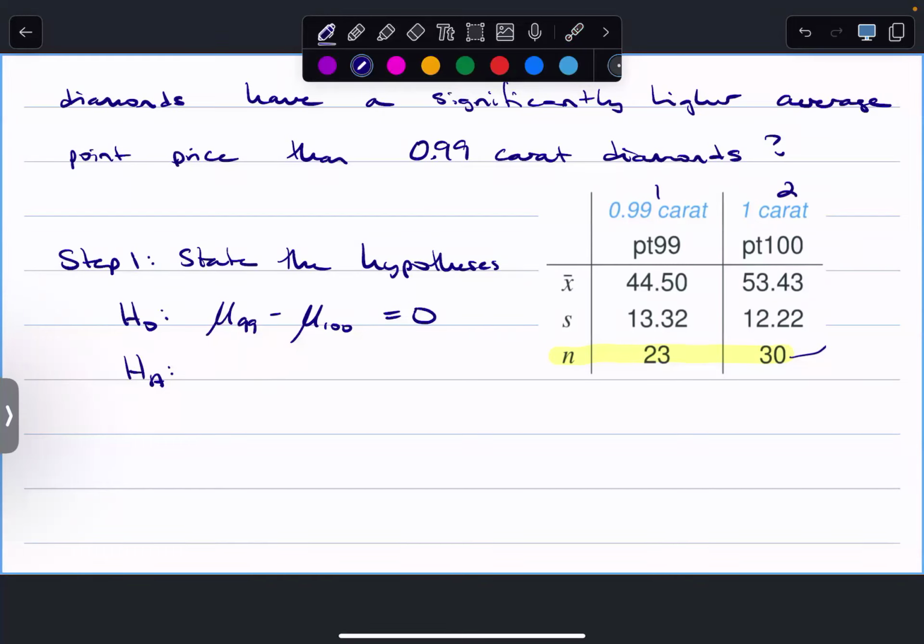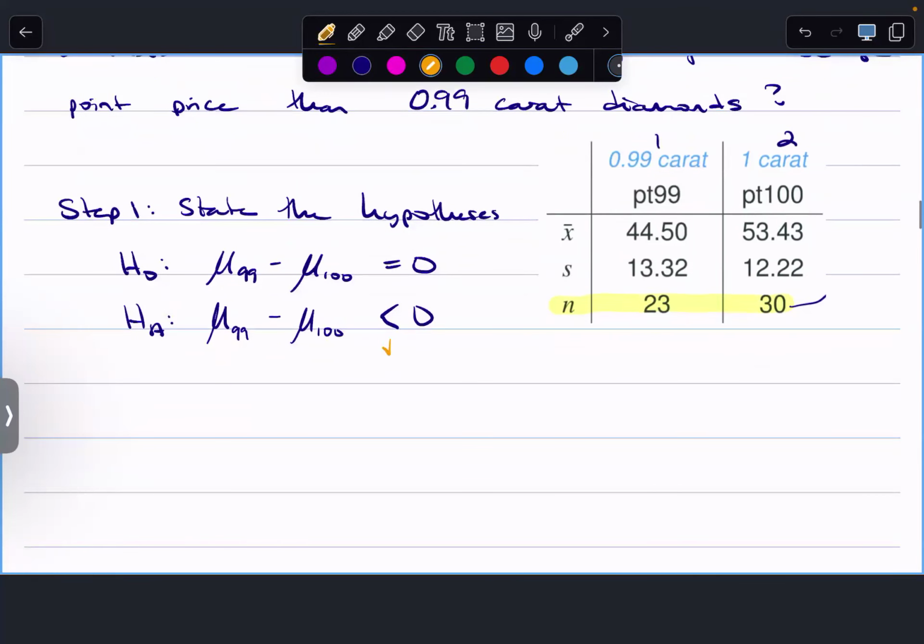And so my alternative is going to be mu99 minus mu100 is less than 0. We know from earlier that if I'm only concerned with that one extreme, then this is a one-sided test. Now we're ready to rumble.